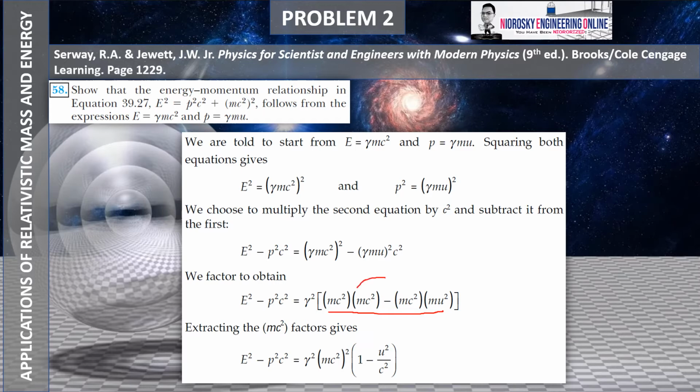Here, we can factor out (mc squared) raised to 2, and the other side is just purely m squared, c squared, u squared.